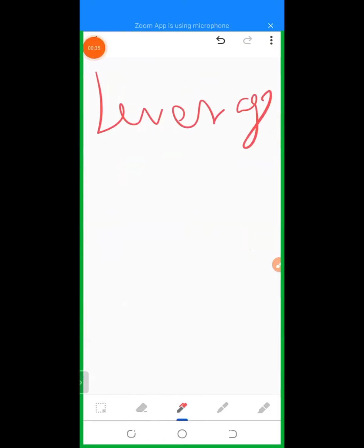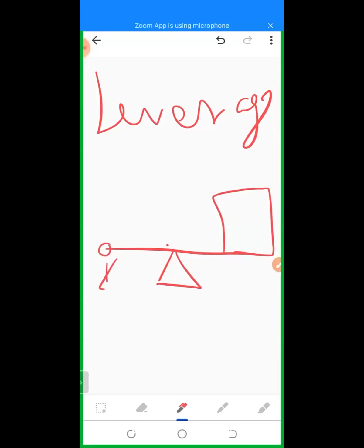In physics, if you have done science before, we have something we call a lever or fulcrum like this. If you want to carry a luggage that is very heavy, even a small boy can use this leverage to carry it. This boy is maybe 30 kilograms in weight, but he can use this lever to carry maybe 150 kg.